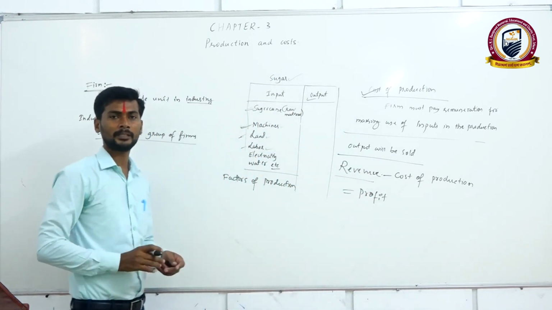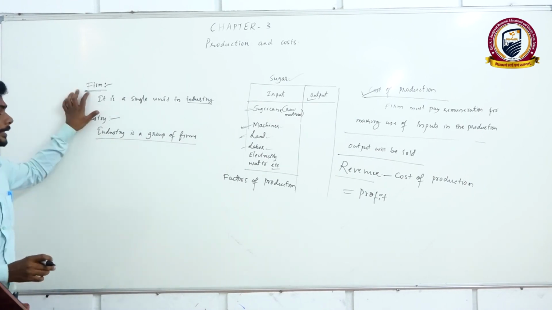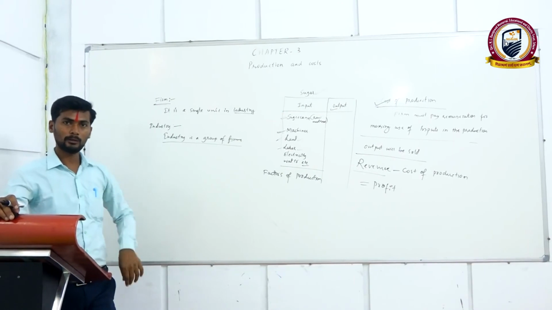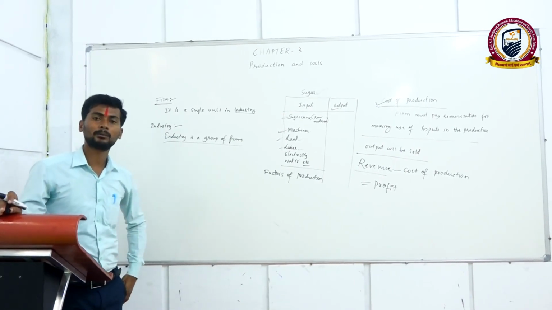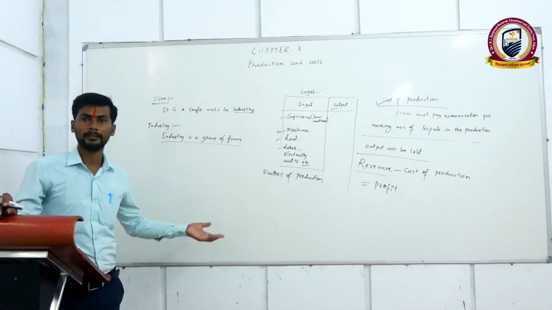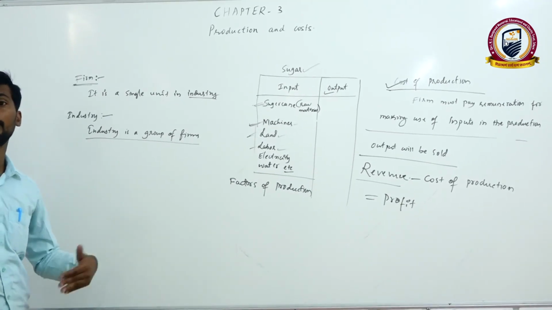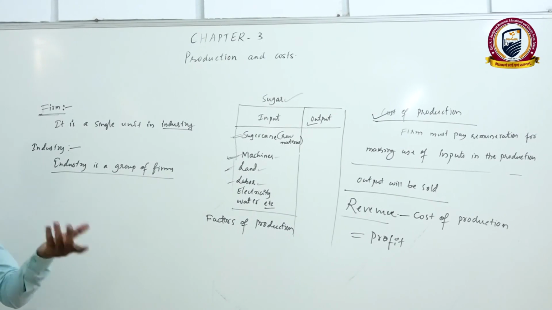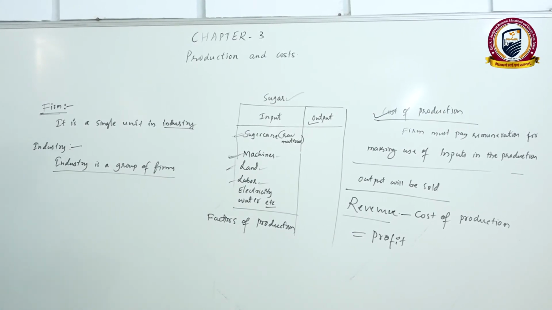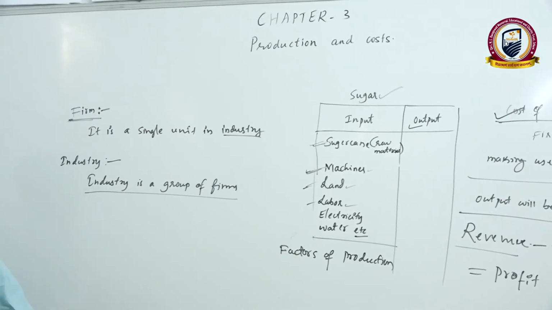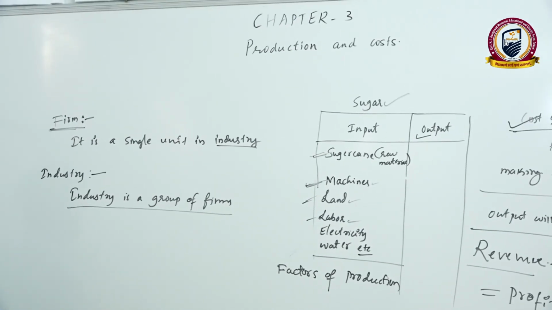And the main objective of every firm is to earn profit. The goal of a firm is earning a profit, not any other objectives. There are some other objectives also, but the main objective of every firm is to earn profit.